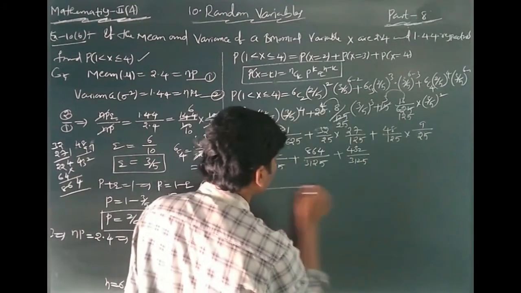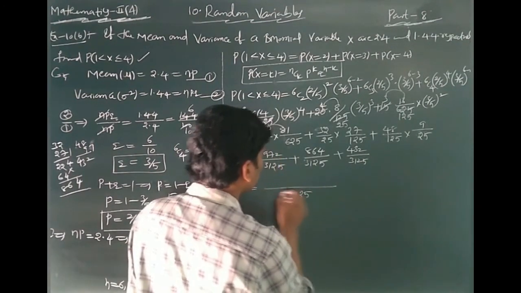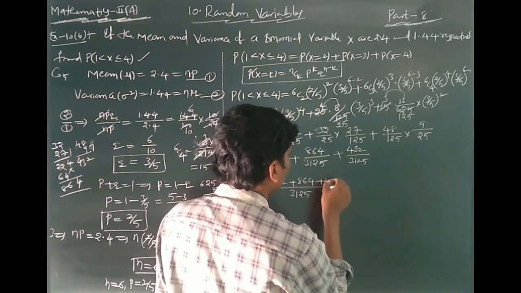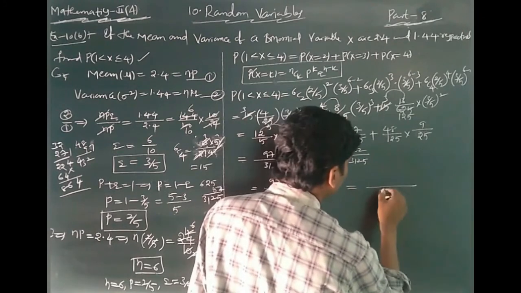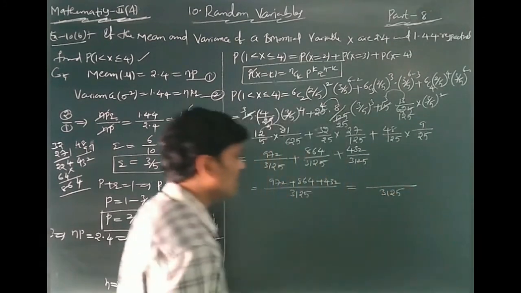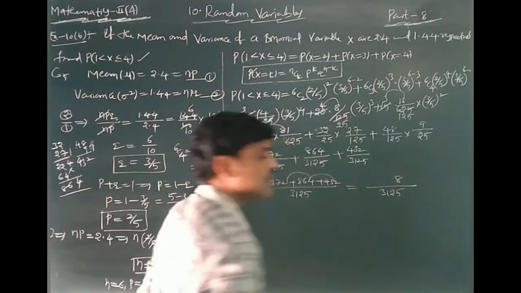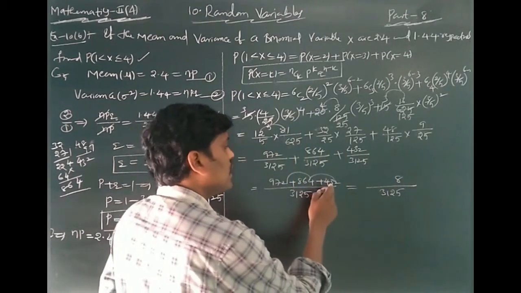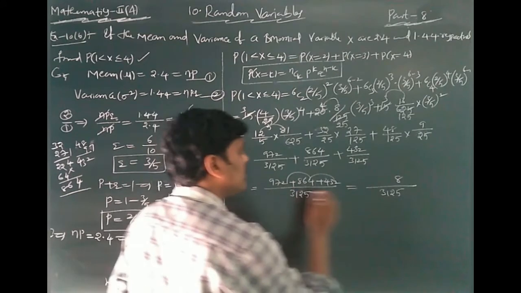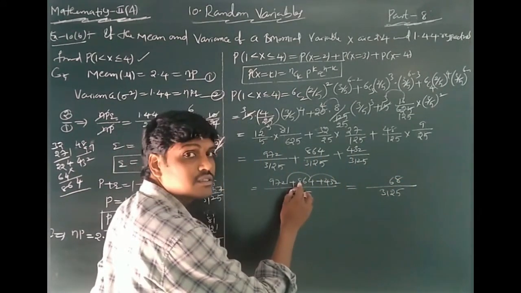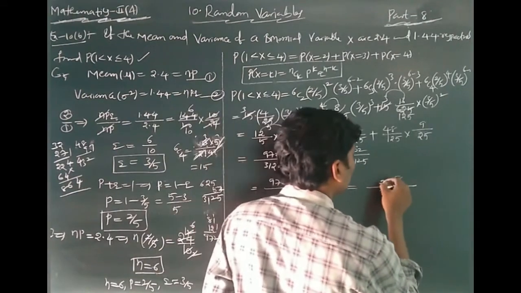You have to take the LCM, that is 3125: 972 plus 864 plus 432. Add: 4 plus 2 is 6, 6 plus 2 is 8. Next, 3 plus 6 is 9, 9 plus 7 is 16. 5 plus 8 is 13, 13 plus 9 is 22.